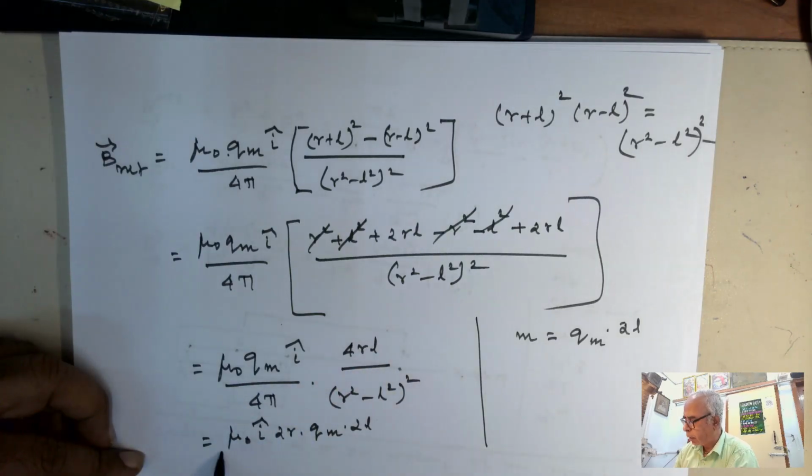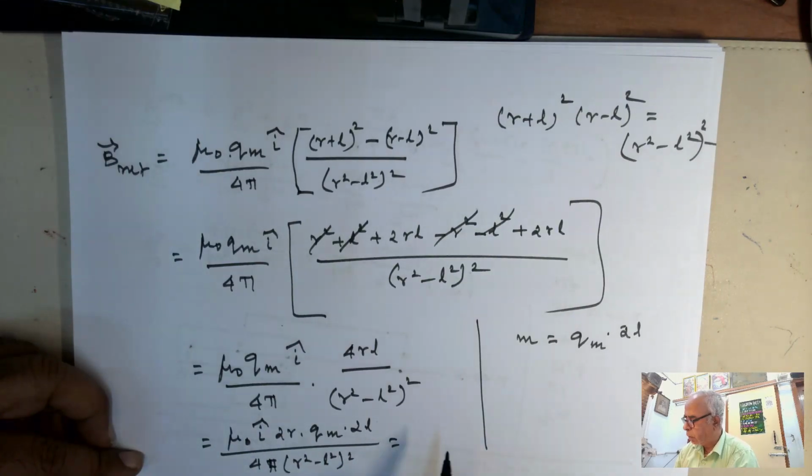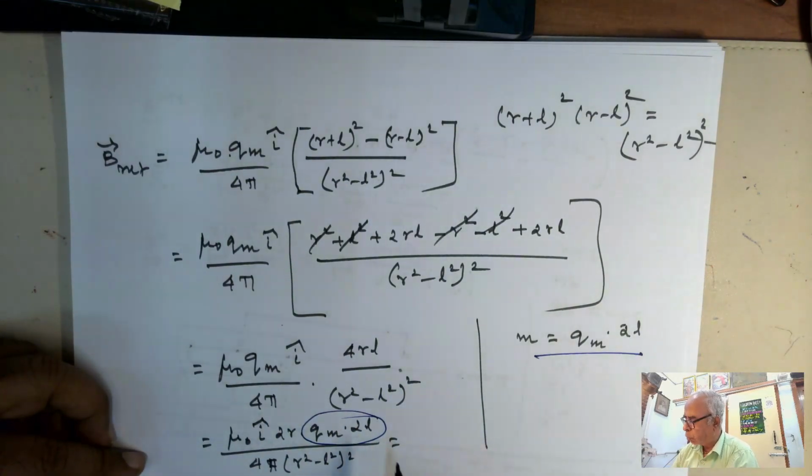So I rearranged this. Now you have 4 pi of (R squared minus L squared) whole squared. So this one becomes M, magnetic dipole. So we can replace with this magnetic dipole moment M.